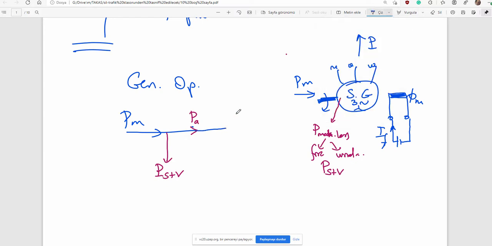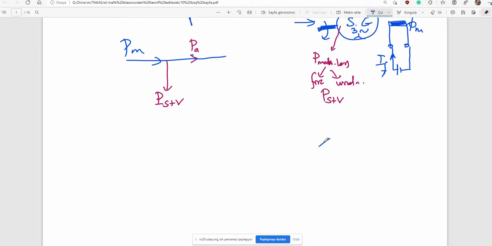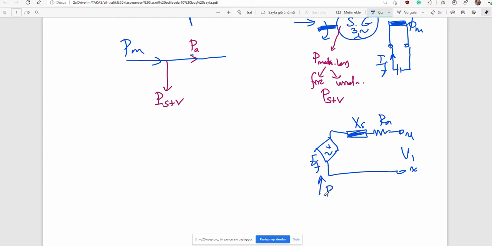For that power in the armature, here's the equivalent circuit, plus here's the excitation reactance, and here is the resistance, armature winding resistance belonging to one phase, and here are the one-phase terminals of the armature winding. The induced EMF is here. Armature power will be induced on this element.